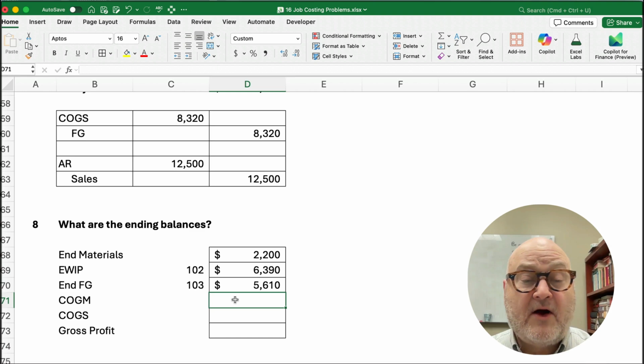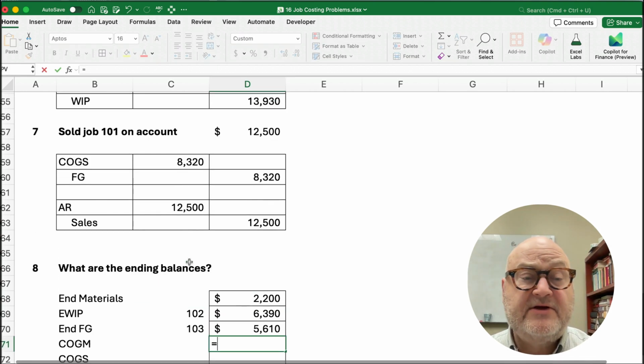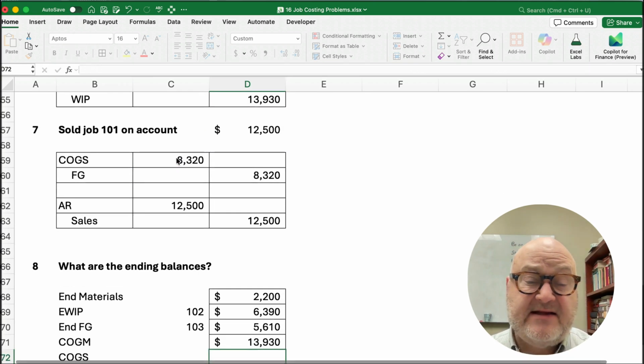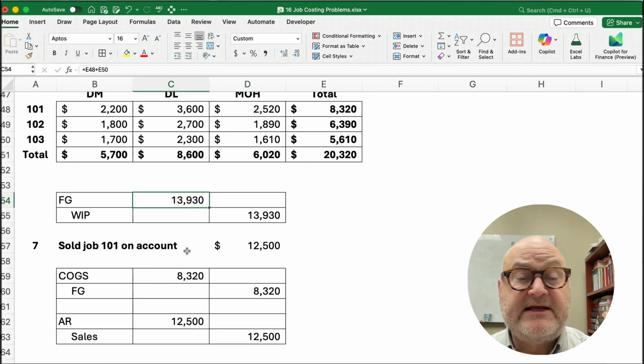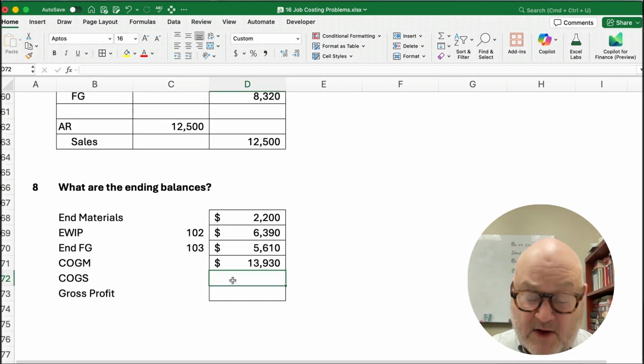All right, what is our cost of goods manufactured? Or what's the cost we moved to finished goods? Well, that's the cost of the two we finished, 101 and 103. That's 13,930. So the debit to finished goods, this 13,930, is the cost of job 101 and job 103. What is our cost of goods sold?